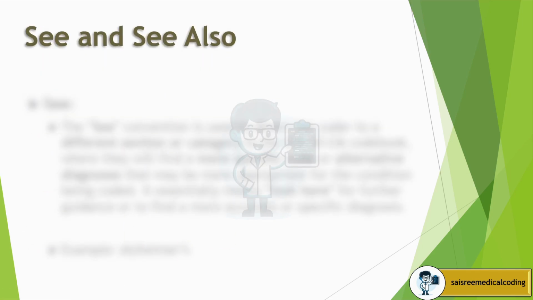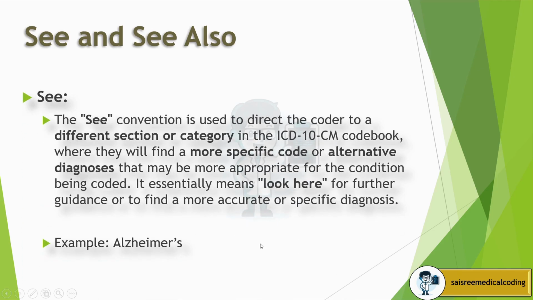Next we have the "see" and "see also" conventions. First we'll see the "see" convention. The "see" convention is used to direct the coder to a different section or category in the ICD-10-CM codebook when there is a more specific code or alternative diagnosis that may be more appropriate for the condition being coded.